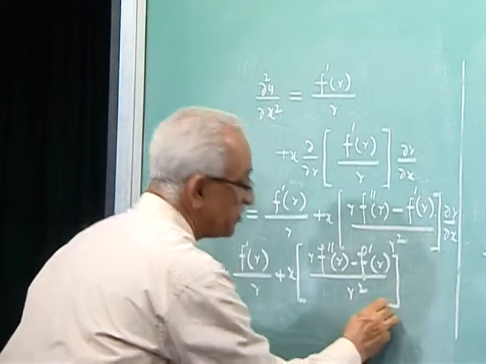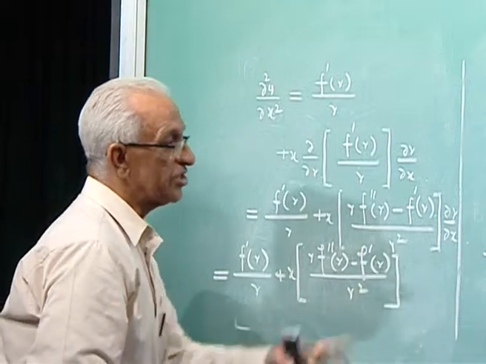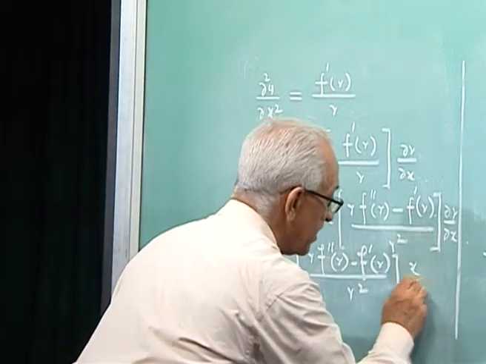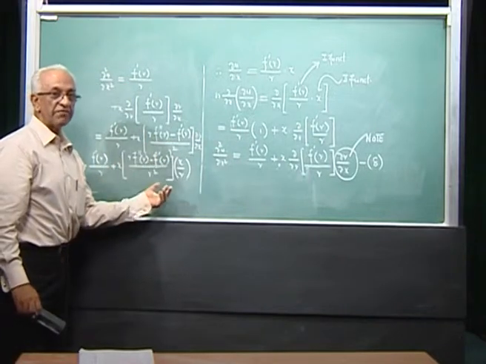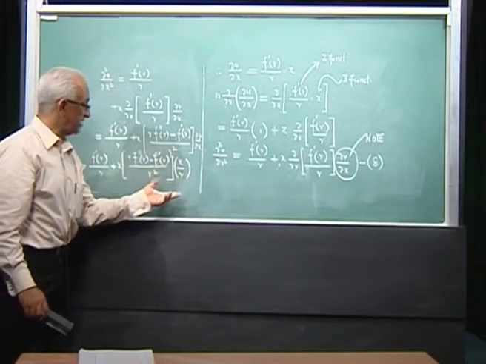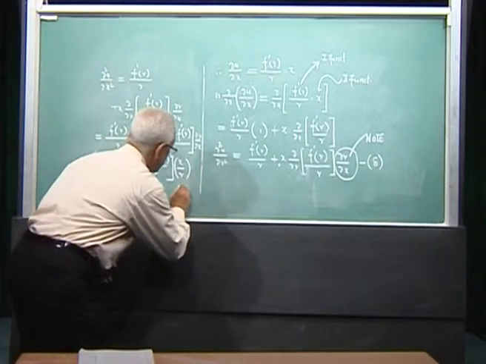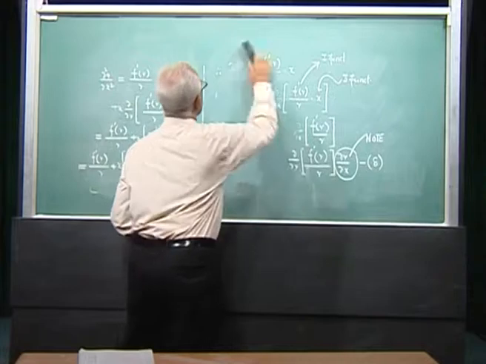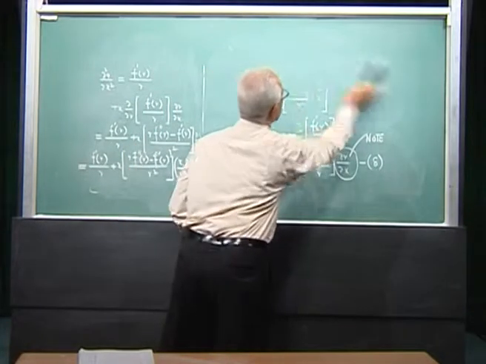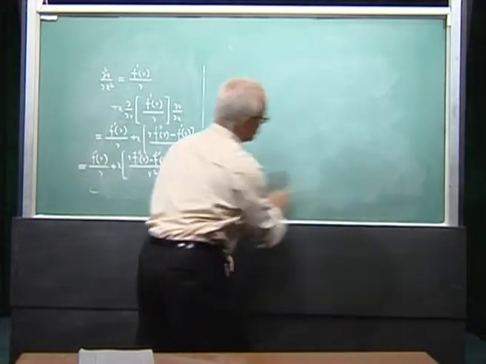Recall, I am substituting here dr/dx, which is x upon r, from equations 1, 2, 3, 4 and 5. So I have reached equation 9, and furthermore we will be doing that in our next lecture of this series, that is lecture 4.